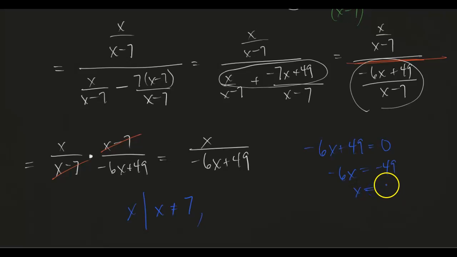And that happens when x is 49/6. So that's another place that I want to remove from the domain. So altogether, I can say that the domain is x such that x is not equal to 7 and x is not equal to 49/6, and this is the final domain of the composite function.